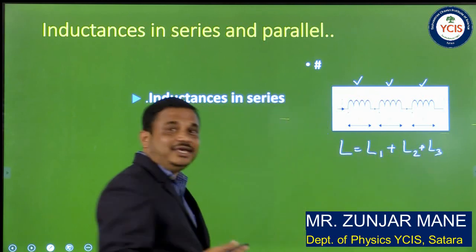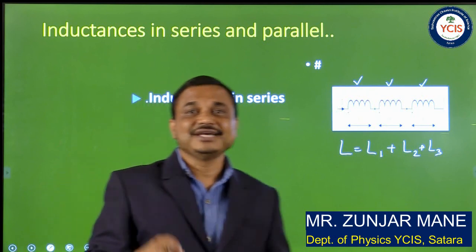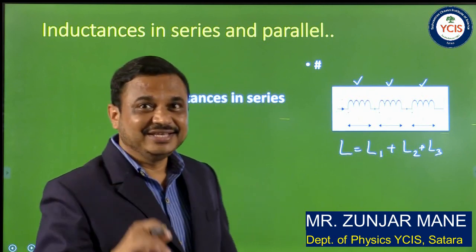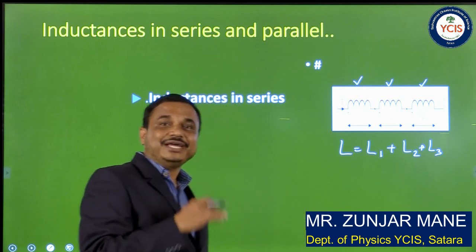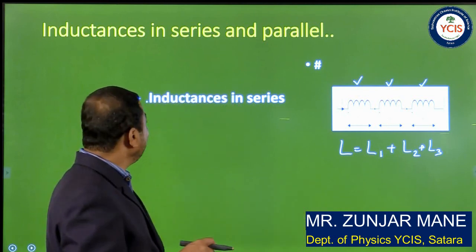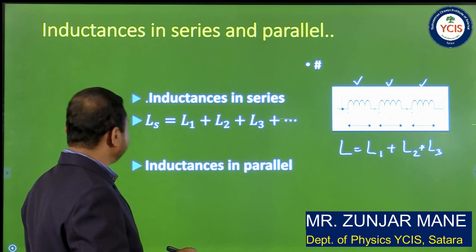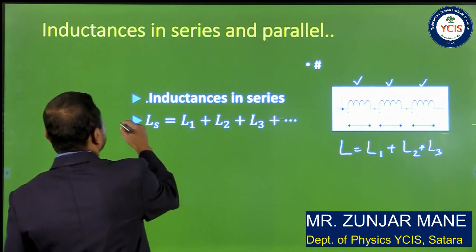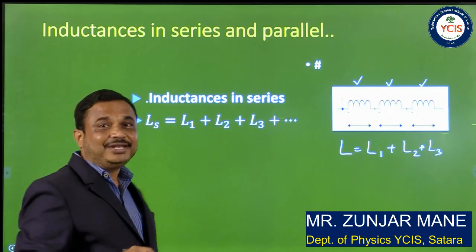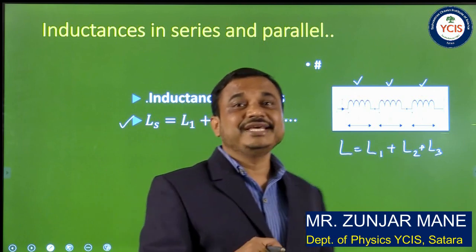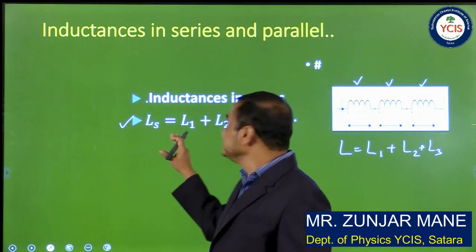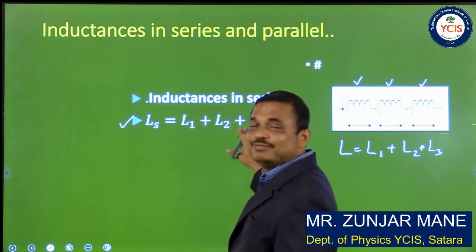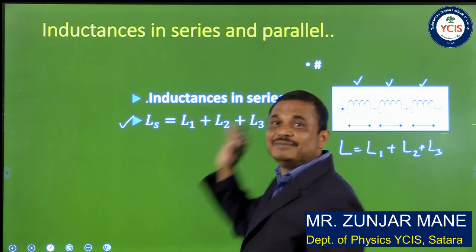In general, if n inductors are connected in series, then L s is equal to L1 plus L2 plus L3 plus dot dot dot plus Ln.